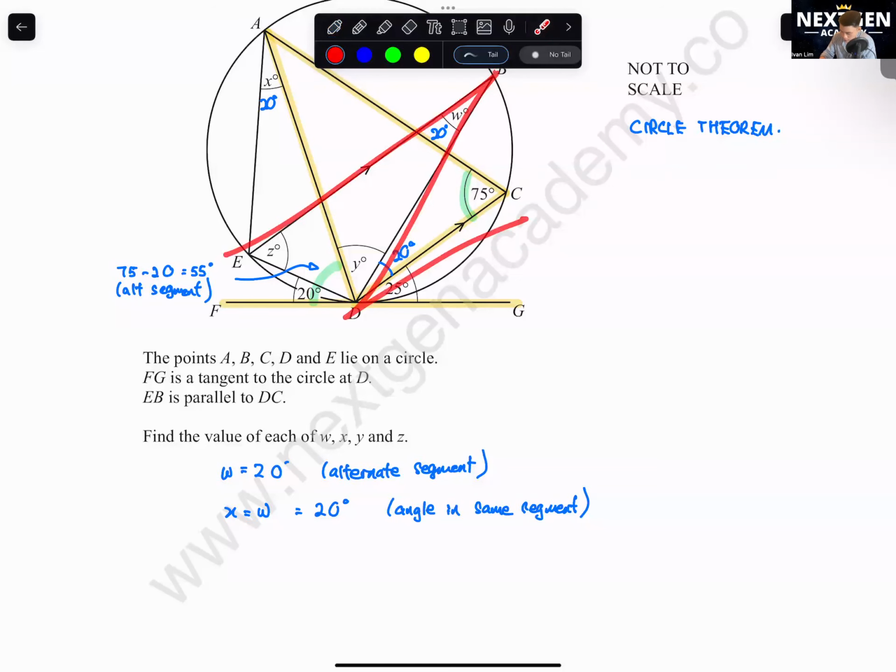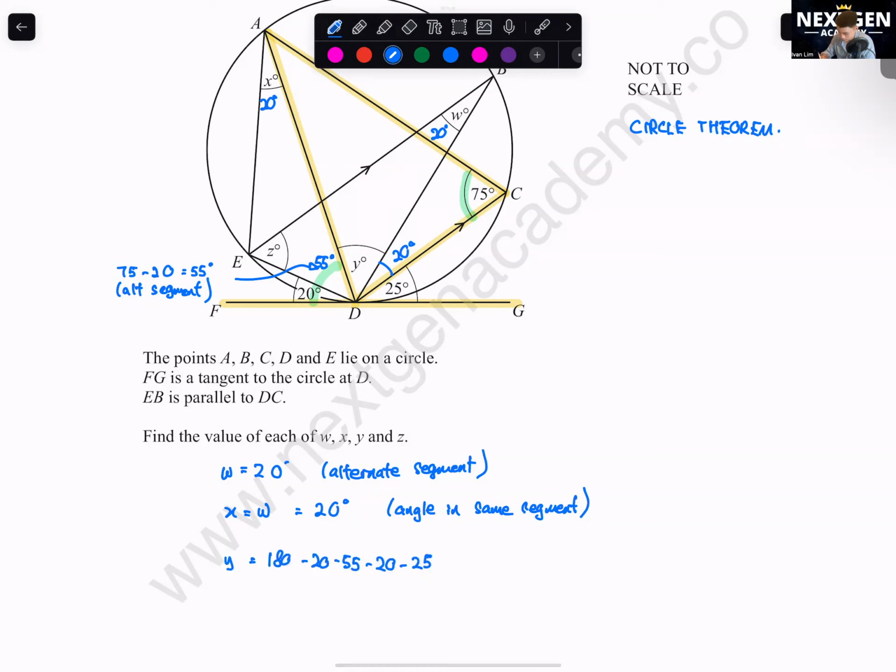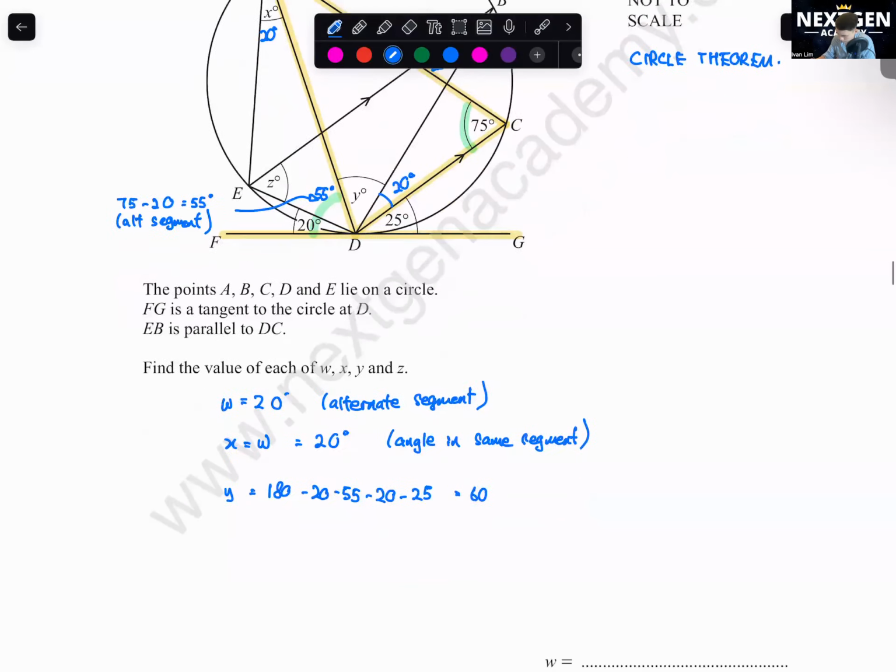This one is just alternate angle, this 20 degrees. So now here you see I got 20, 55, 20, 25. It's a straight line, so it's 180 degrees. So y is equal to 180 minus 20 minus 55 minus 20 minus 25. Here you get 60.